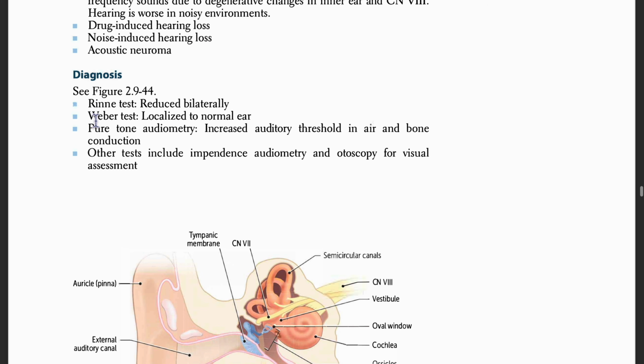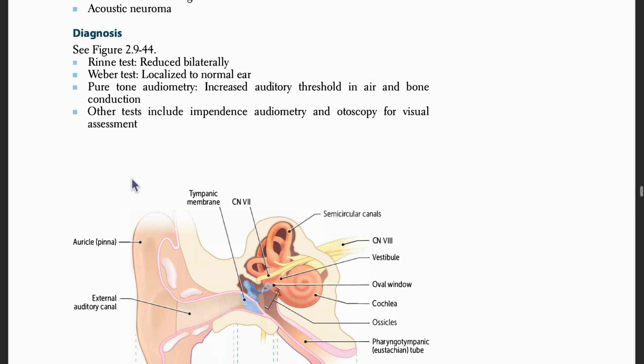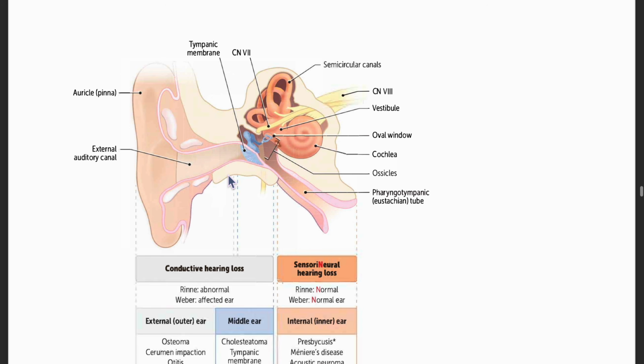Oh, okay, so maybe not the unilateral one that I'm thinking of. Weber's test, localized to the normal ear, so it moves laterally to the normal ear. Pure tone audiometry, increased audiometry threshold in air and bone conduction. Other tests include impedance audiometry and otoscopy for visual assessment.